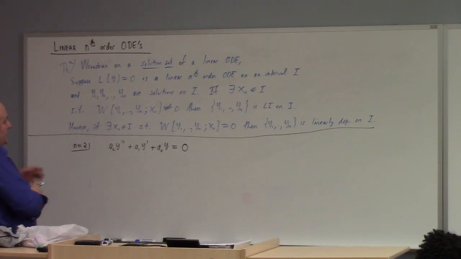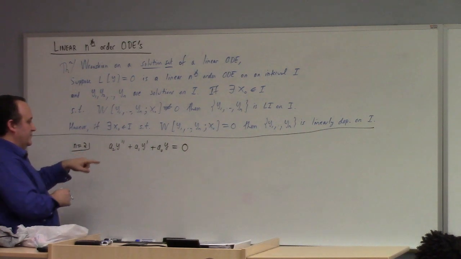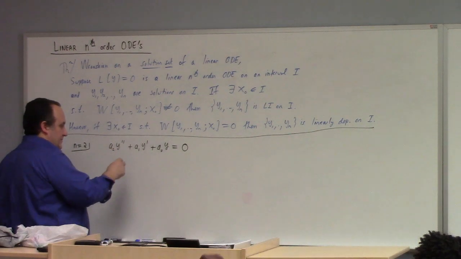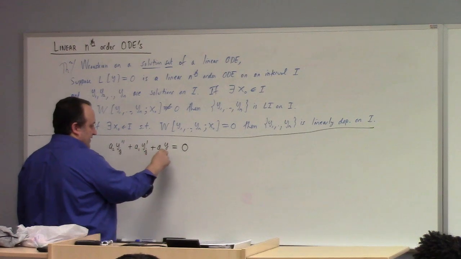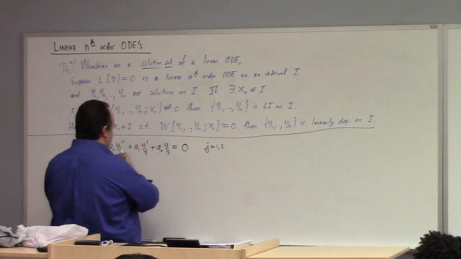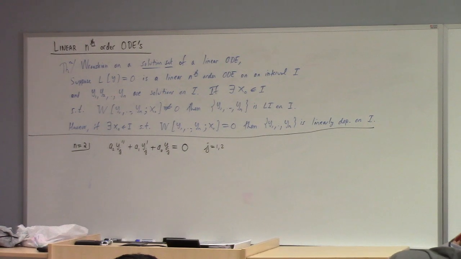And I want to suppose that I have two solutions, right? That's the data here. Suppose you have two solutions. If I let j equal 1 and 2, I have two functions, y1 and y2, which solve this given second order differential equation.